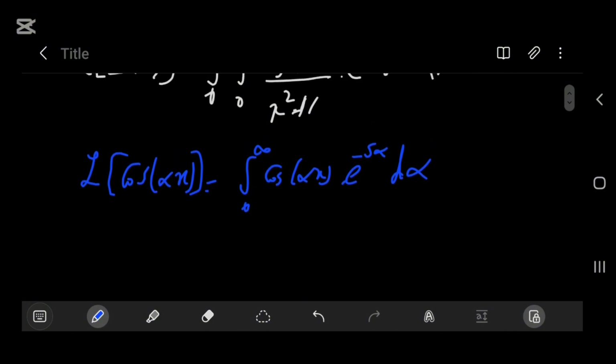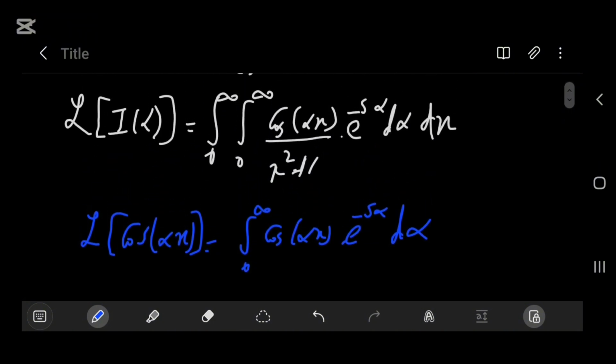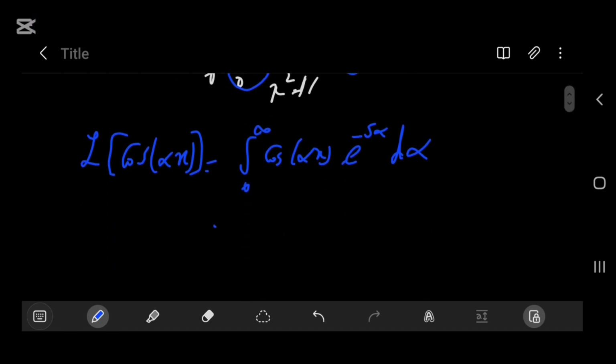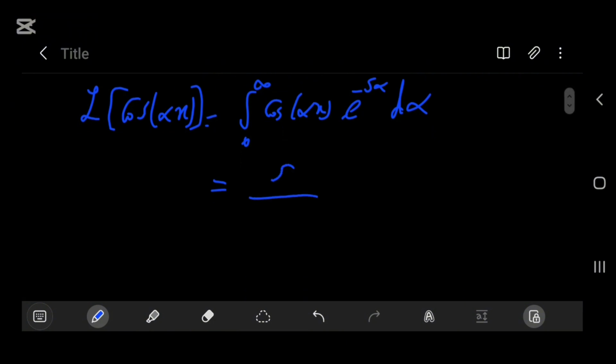Well, we are integrating with respect to alpha, so you can see that we can write this part as the Laplace transform of cosine alpha x. And we also know that the Laplace transform of cosine alpha x is s over s square plus x square.